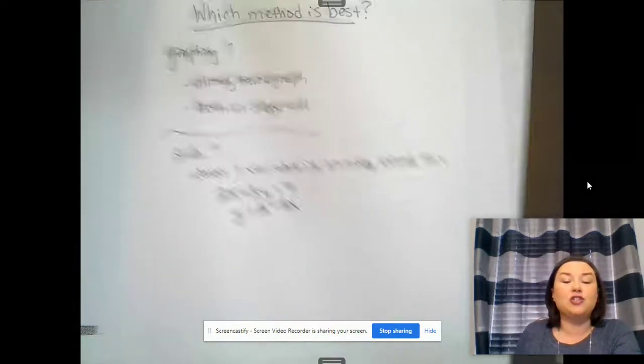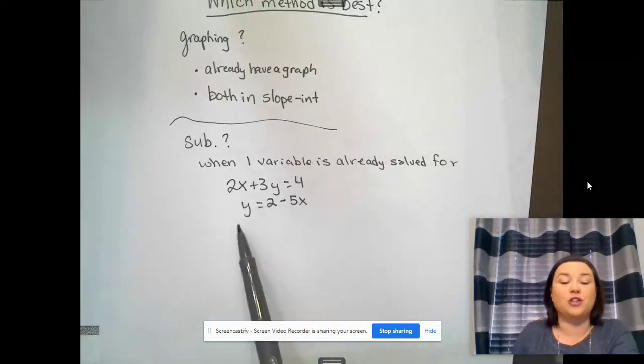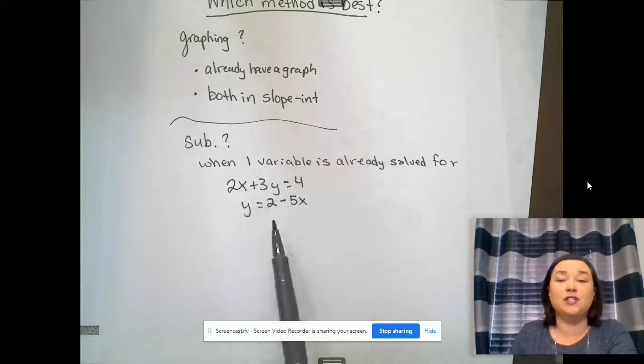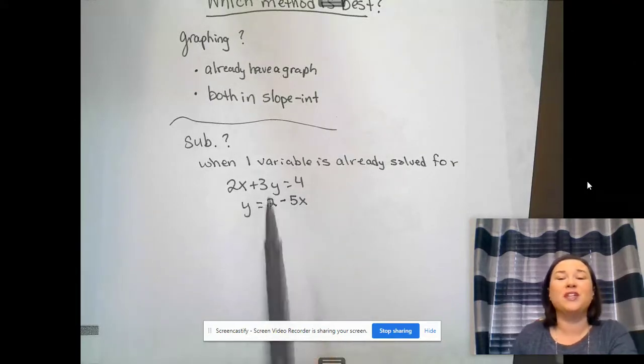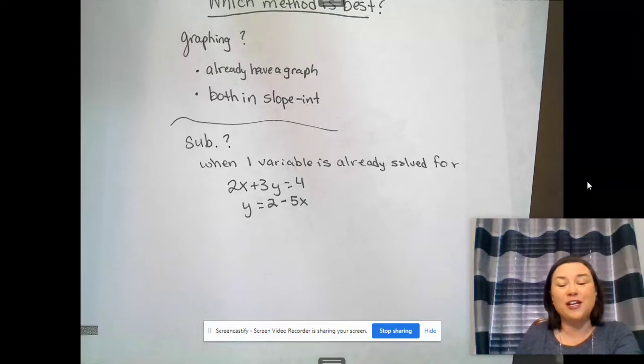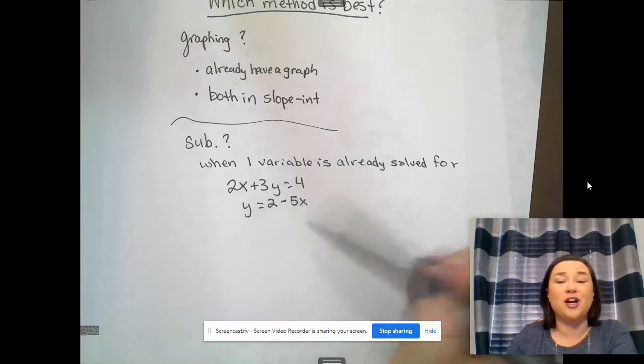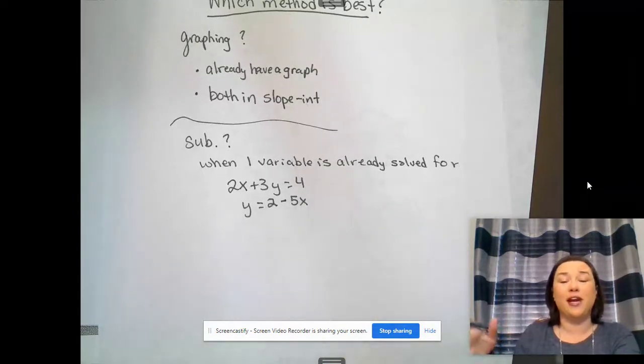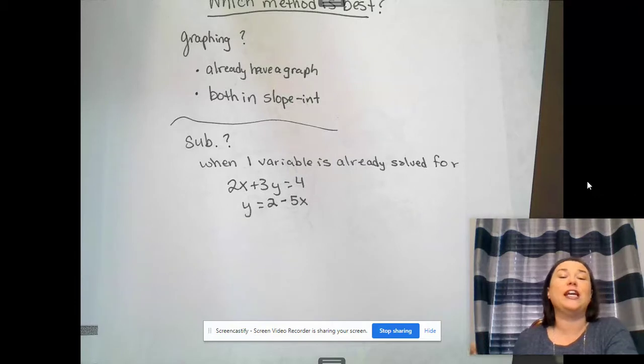In this case, substitution would be best because a variable is already solved for. I can take what it's equal to and substitute it into the other equation. Elimination would not be so great here because the like terms are not in columns. We could move them around, but even if we do, we don't have any matching coefficients. So by doing elimination, even if that's your favorite method, you're creating more work. Can you still do elimination?